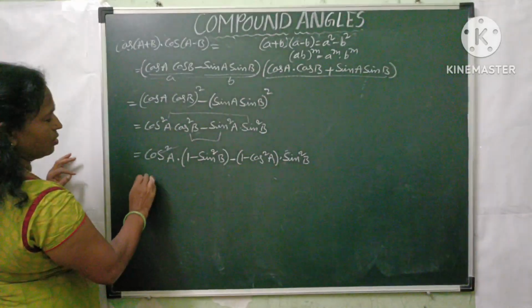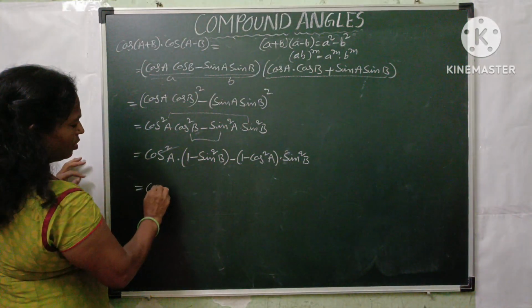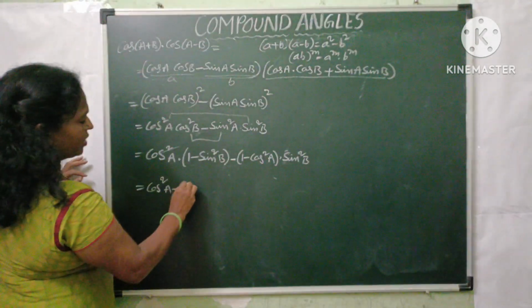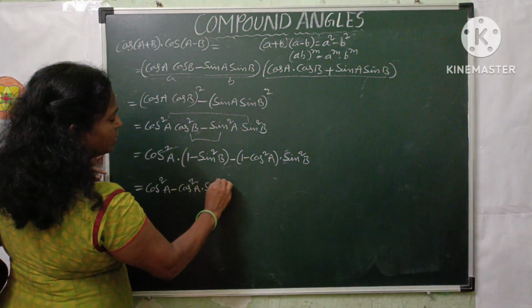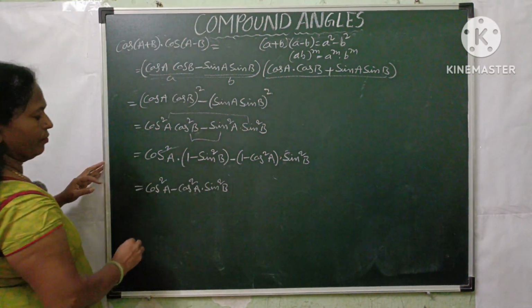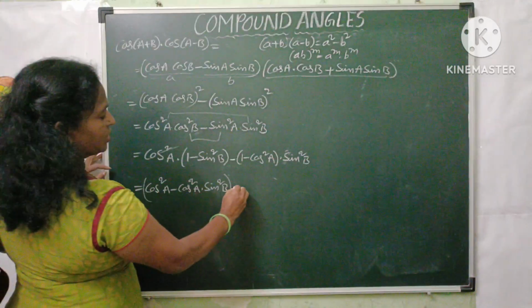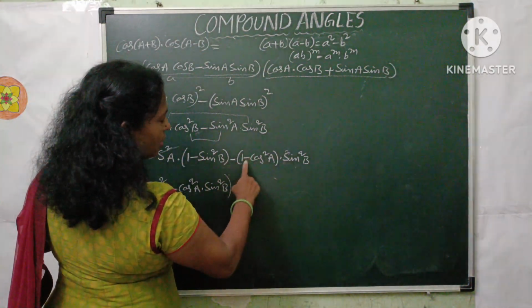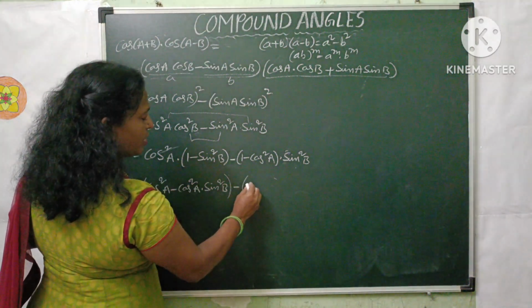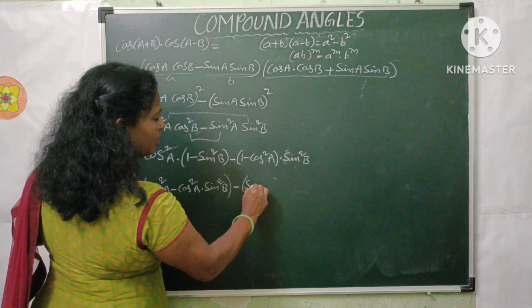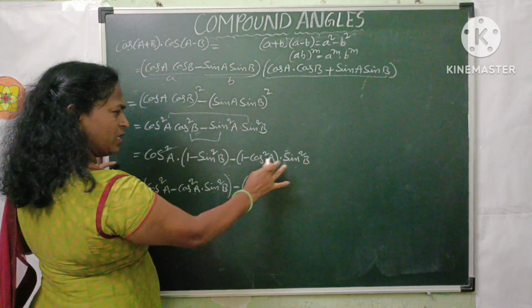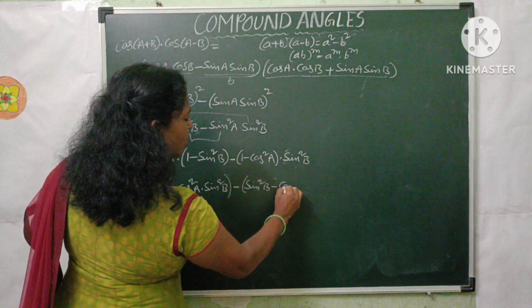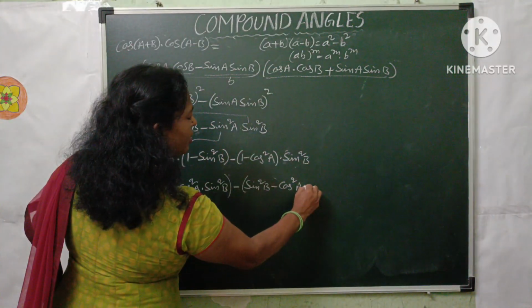Then we multiply: cos square a minus cos square a into sin square b, minus sin square b plus cos square a into sin square b.